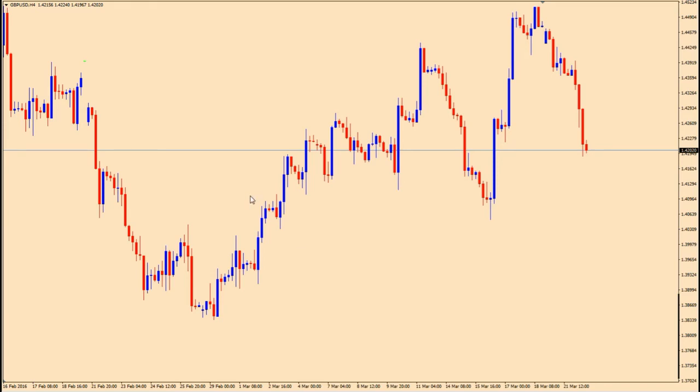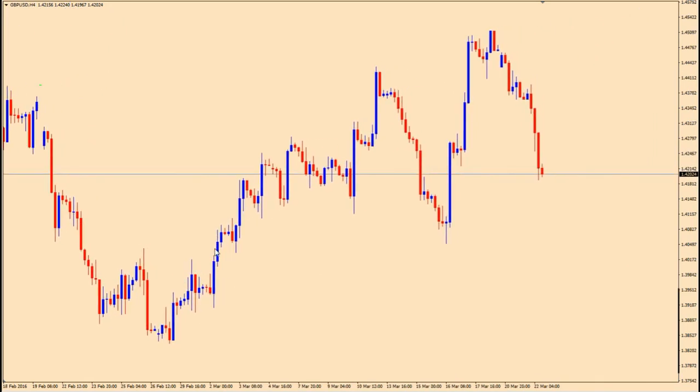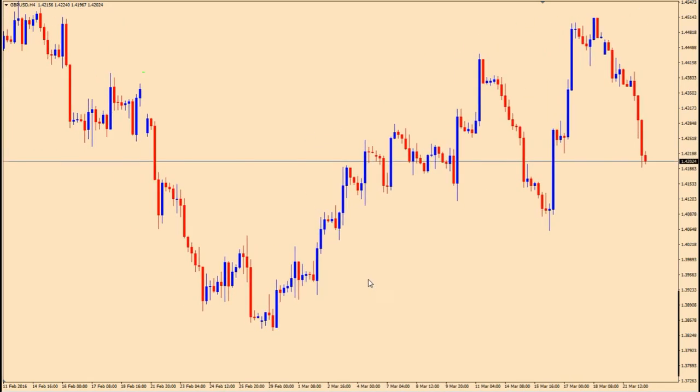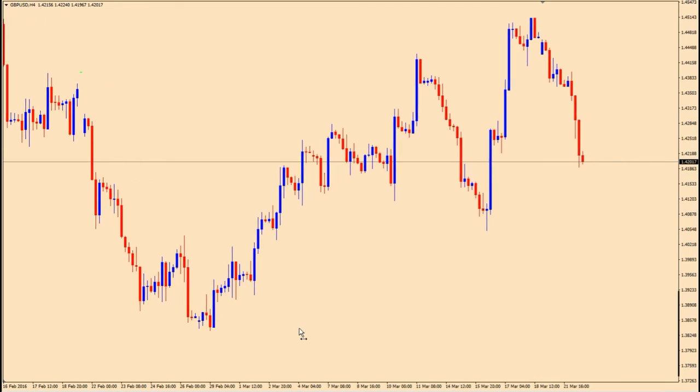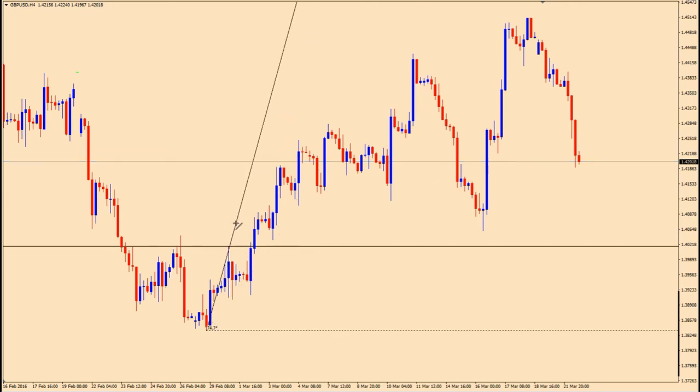So the first thing to do when we draw a square is pick a nice pivot point. And we see here that the market moved down here and then has been moving up for probably several weeks now. But this is a good starting point here because it's a nice significant low. So what we're going to do is draw a horizontal line right there at the top of this first swing up. And then we're going to take our trend line by angle tool and measure that angle in degrees.